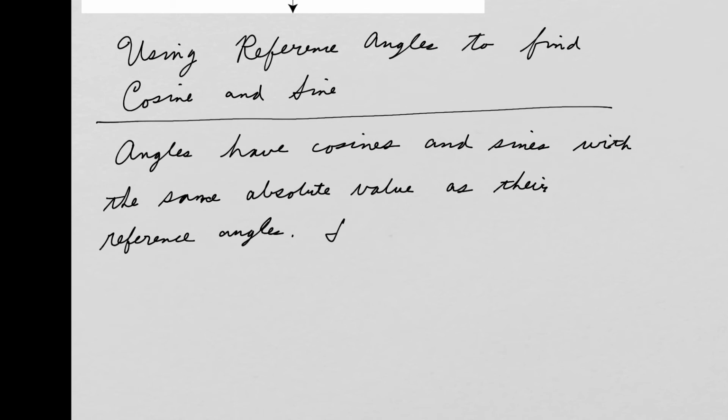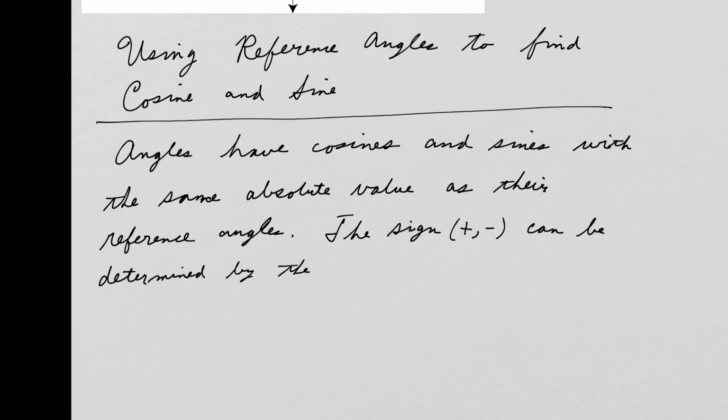The sign, S-I-G-N, either positive or negative, can be determined by the quadrant of the angle.